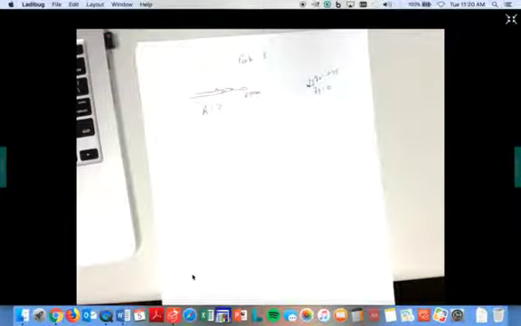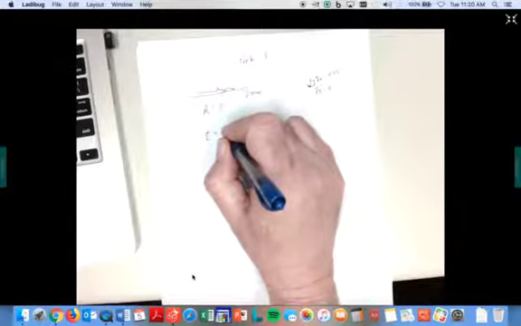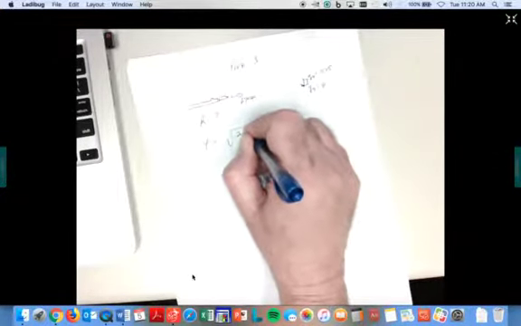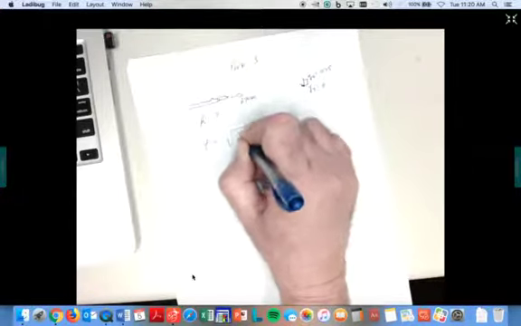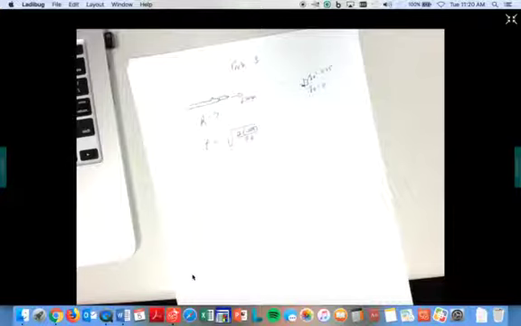What do we need? We need the time. And for this problem, we just go, okay, so what's the time? Time is the square root of 2 times that 0.025 divided by 9.8, because we're good at that by now. Now that is going to be a really, really small time.